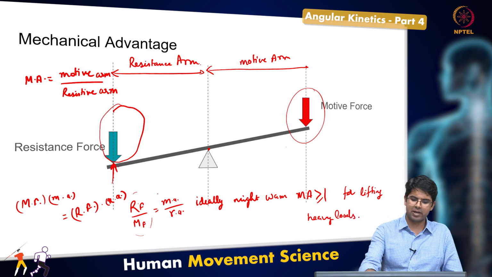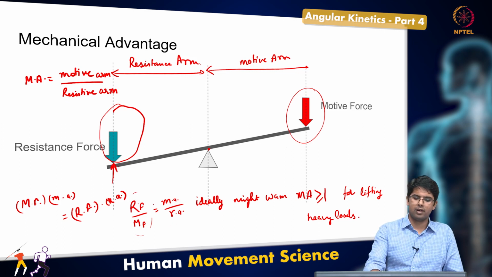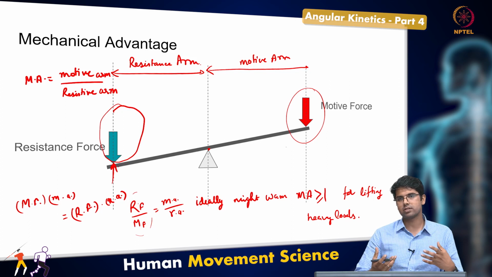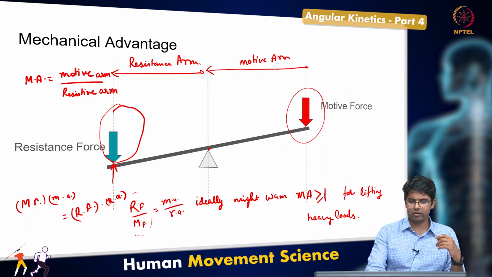So if this is the mechanical advantage of the lever, then there is a fixed ratio of forces that you can deal with. Right? So if I can only produce, say, 100 newtons of force, and my mechanical advantage is 2, let's say the motive arm is twice the length of the resistive arm.